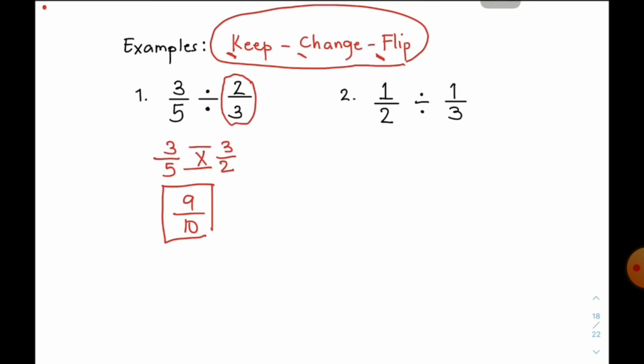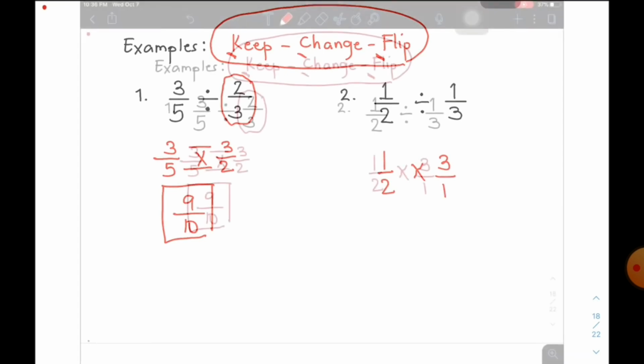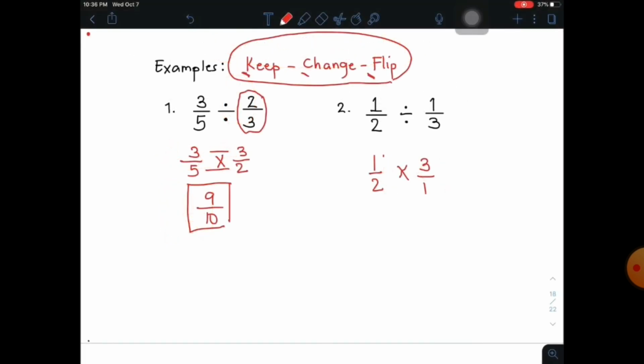Okay? So next example, we have number 2. 1/2 divided by 1/3. Remember the pattern. We have to keep the first fraction, 1/2. Then change the operation from division to multiplication. Then we have to flip from 1/3 magiging 3 over 1. Okay? Then multiply.